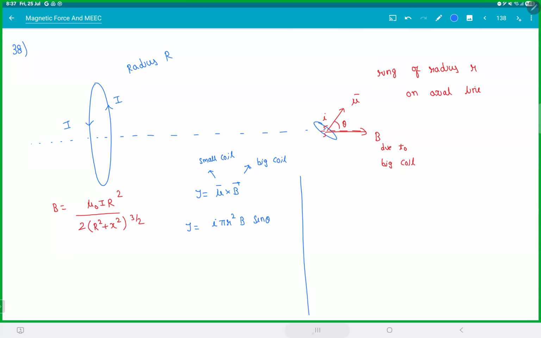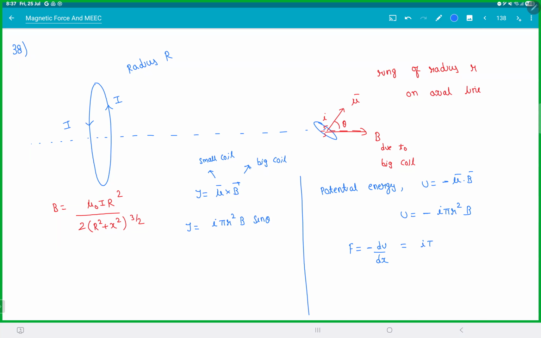I don't know how to find force directly, but I know how to find potential energy. Potential energy U is equal to minus mu bar dot B bar. So potential energy will be minus mu, which is I pi r square, into B. What is the relation between force and potential energy? Minus dU by dx.